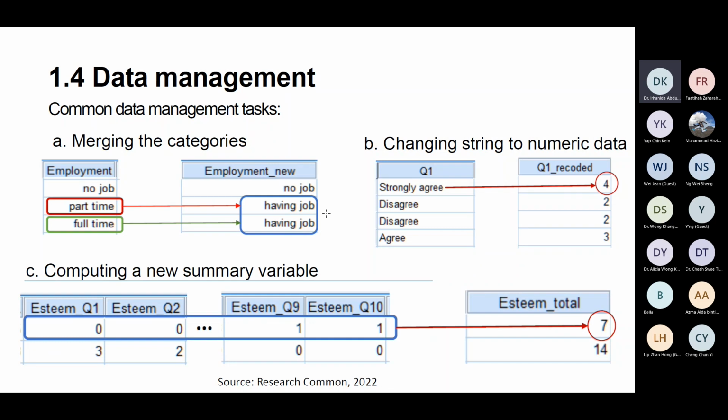Number 3 is computing a new summary variable. I will show you during the hands-on later. Normally, when we have factors in our research, for example Miss Fatiha's topic, factors influencing decision making in consumer behavior, under your factor you have maybe 5 questions, 5 variables.